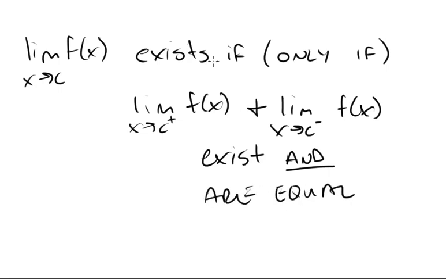So a two-sided limit exists if and only if the one-sided limits coming from the right and coming from the left exist and are equal. It's really important.